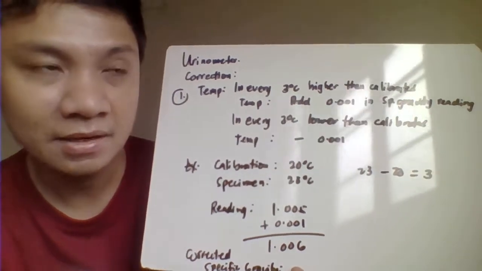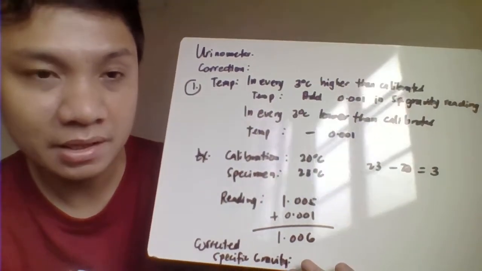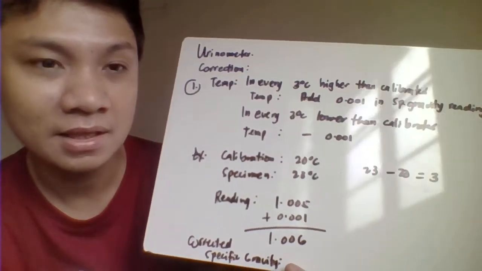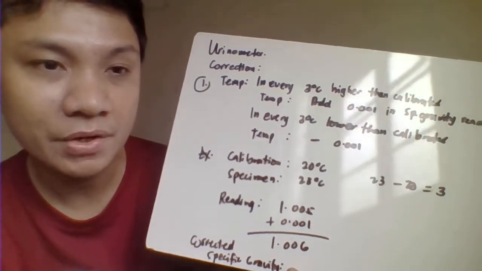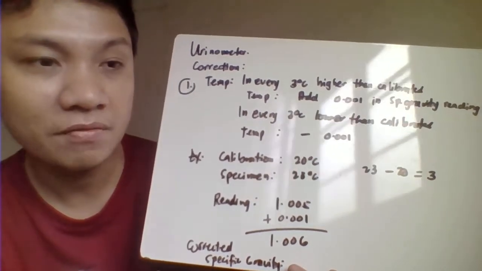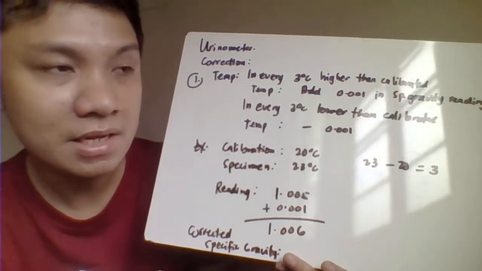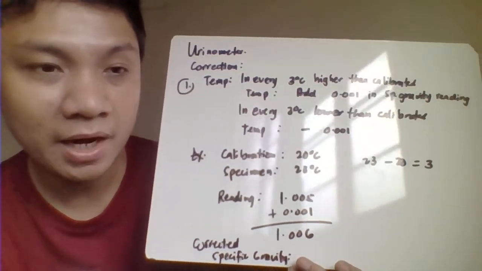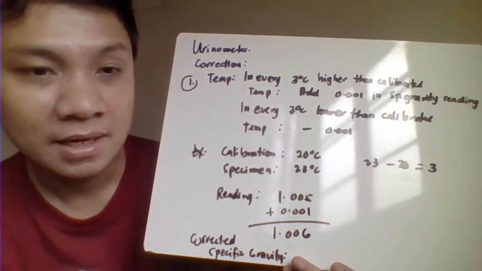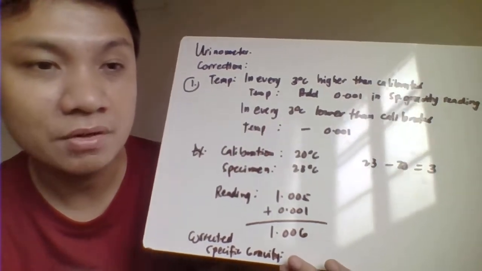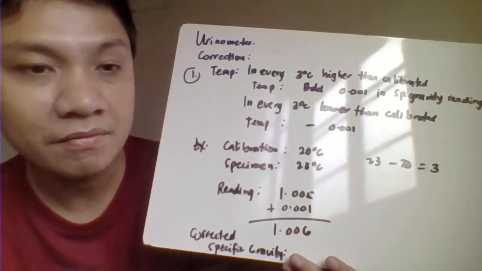So, our rule: for every 3 degrees Celsius temperature increase relative to the calibrated temperature of the manufacturer, you need to add 0.001 to the specific gravity reading using your urinometer. On the other hand, for every 3 degrees Celsius lower your specimen temperature is compared to the calibrated temperature of the manufacturer, you need to subtract 0.001 from the specific gravity reading.